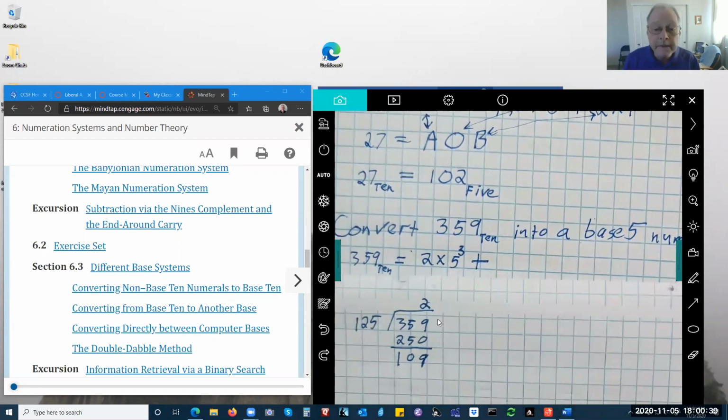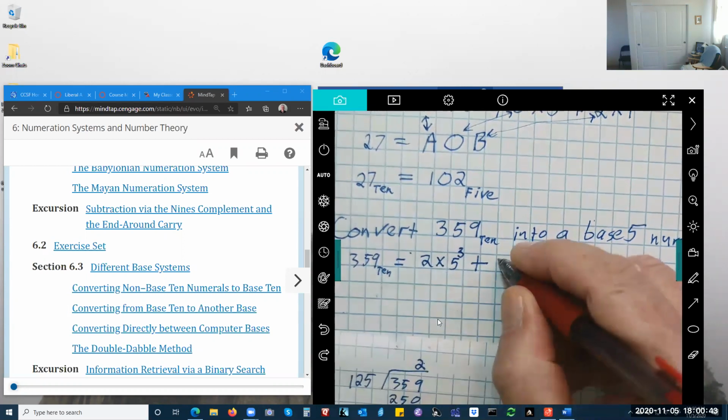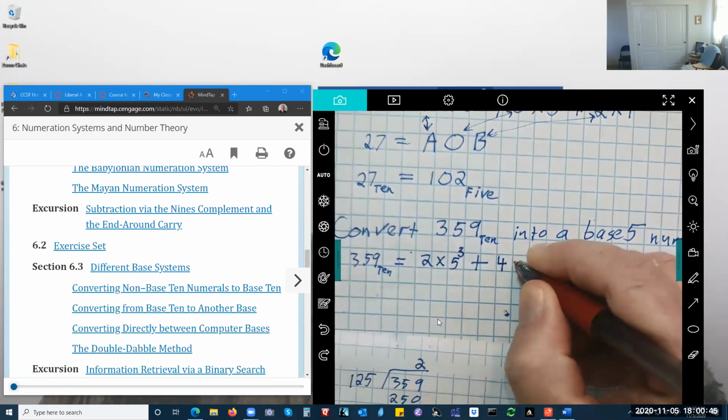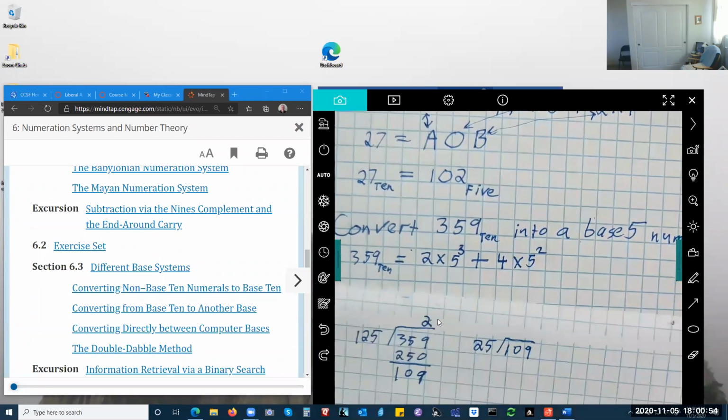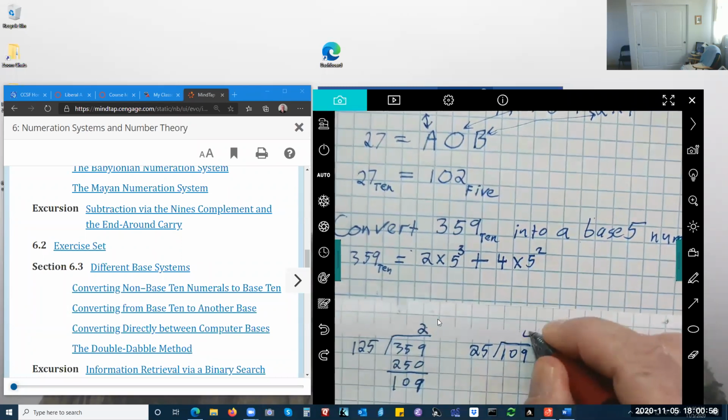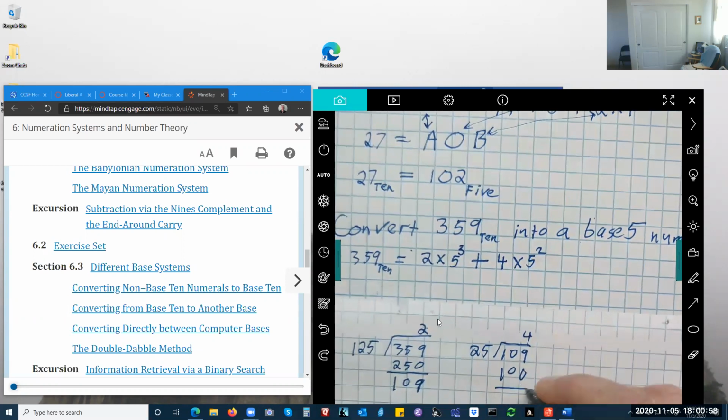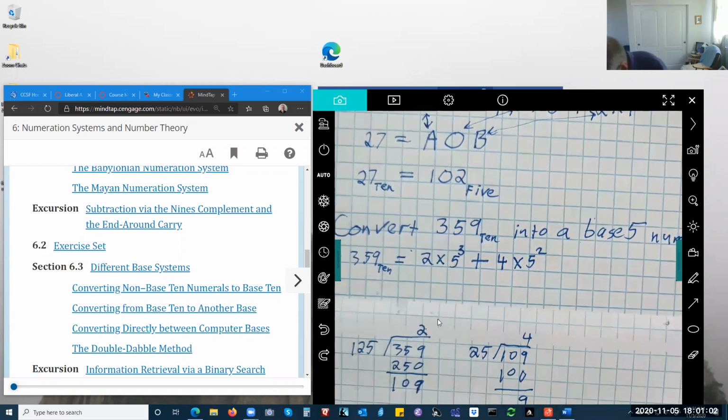So how many 25s can we fit in there? Okay. So now we have 9 more left.